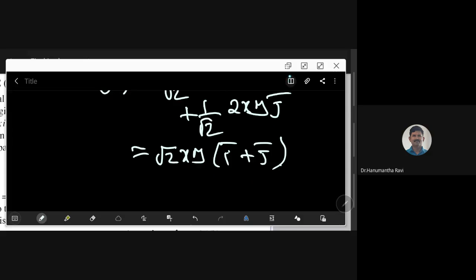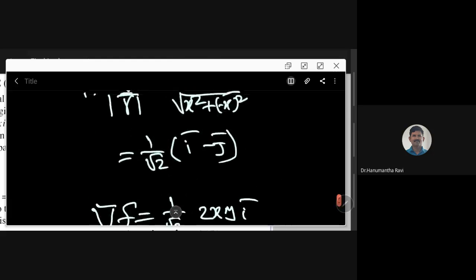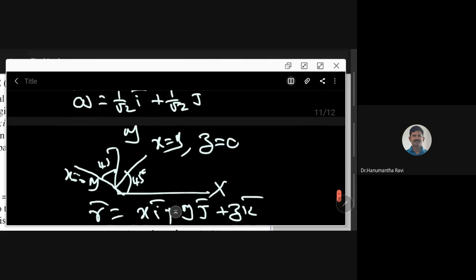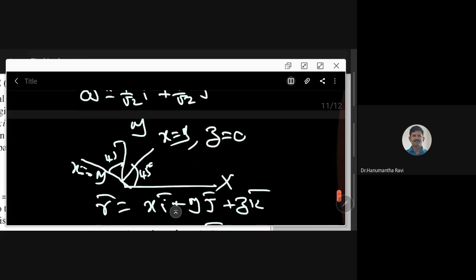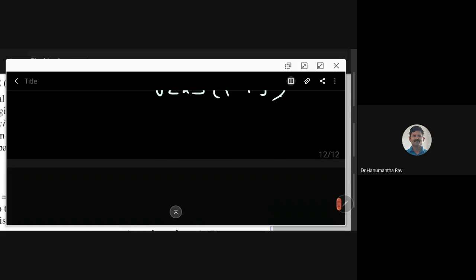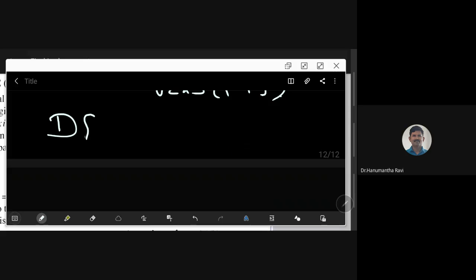Now our thing, that is the directional derivative part. This is the convention I have followed. You have a bar at (1, 1, 0), that is important.